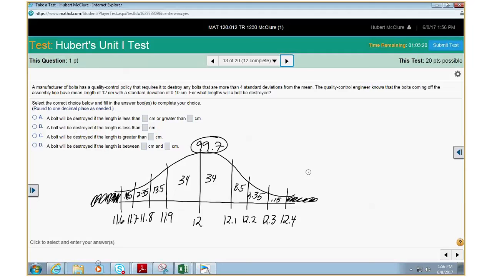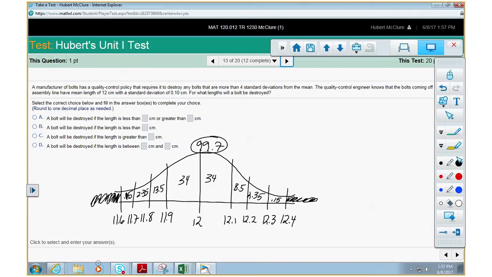The quality control engineer knows that the bolts coming off the line, blah, blah. For what lengths will a bolt be destroyed? Above or below 11.6, and above what? So that's what you need to do. A bolt will be destroyed if the length is less than 11.6 and greater than what? 12.4.